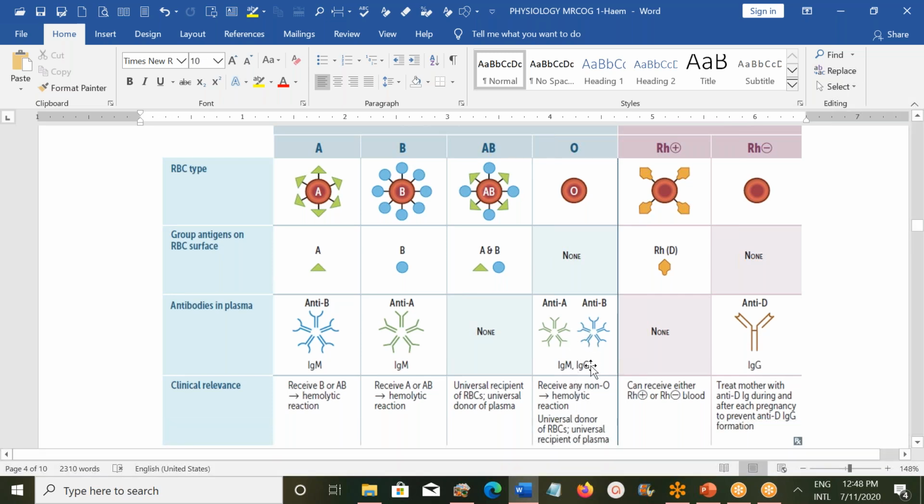So they are universal donors of the RBCs, and they can receive all types of plasma, because the plasma will not have anything against them. But the RBCs against them, they have these antibodies, so they are going to produce a hemolytic reaction and breakdown of the cells.